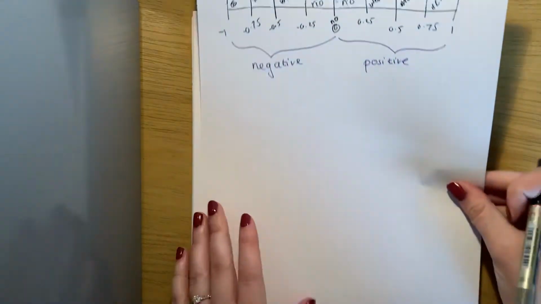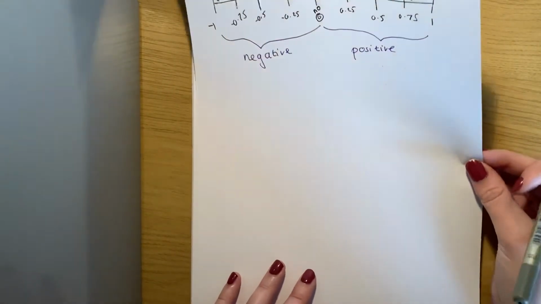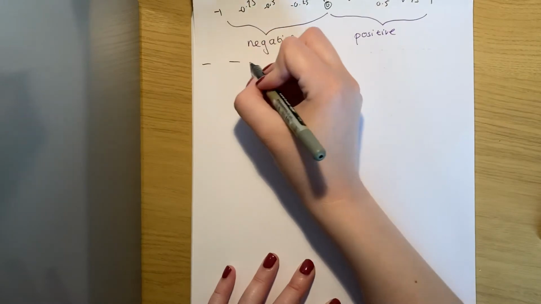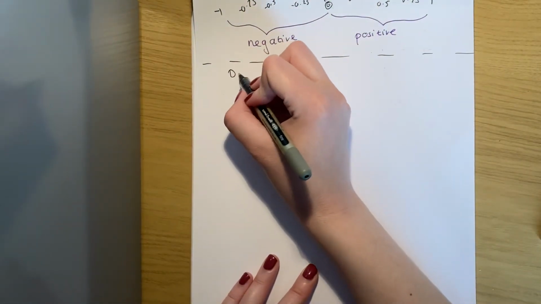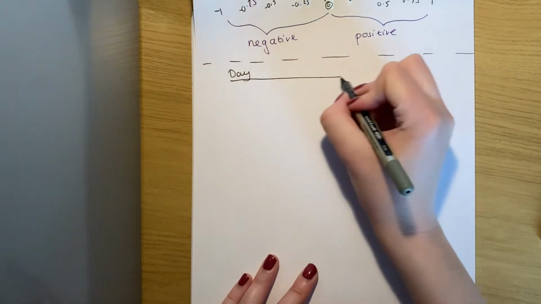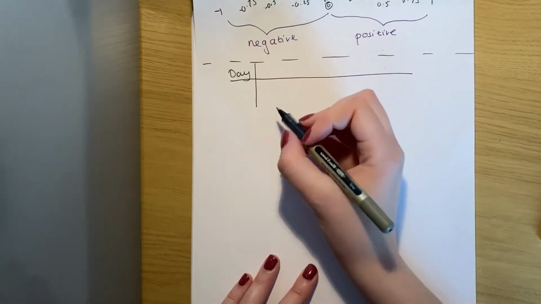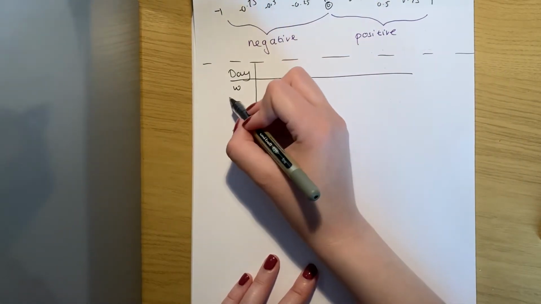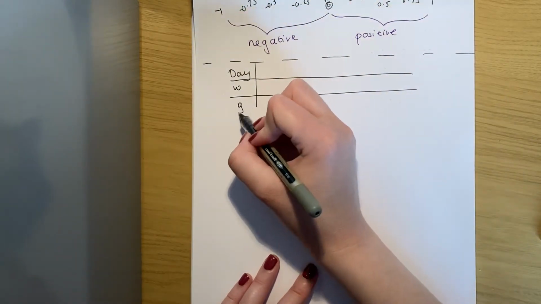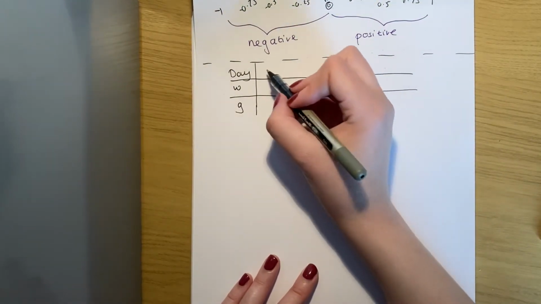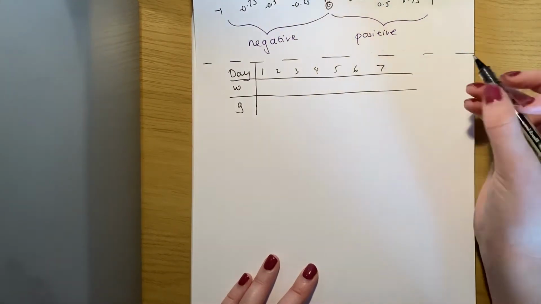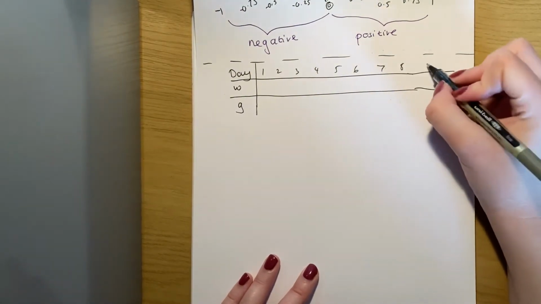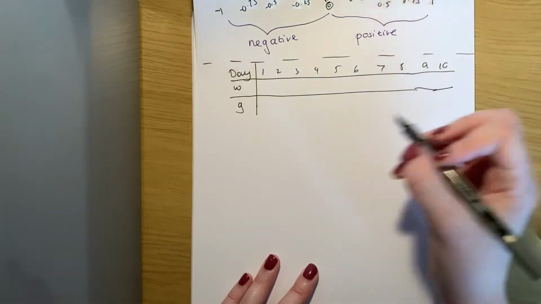So actually what I'm going to do, so that it's easier for reference for pretty much all of this, is draw very quickly the table out. So we've got W knots, which is the wind speed, and G, which is the maximum daily gust. So 1, 2, 3, 4, 5, 6, 7, 8, 9, and 10.